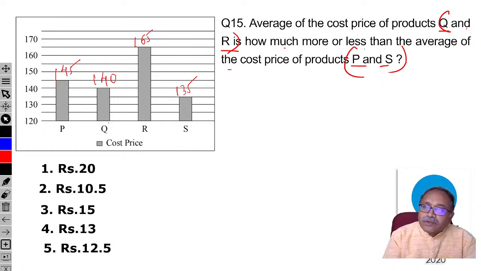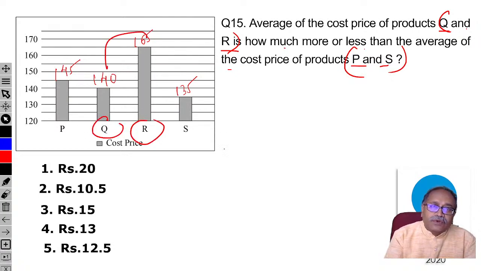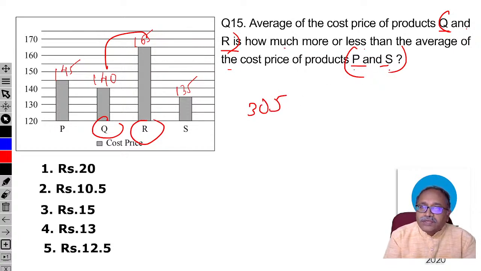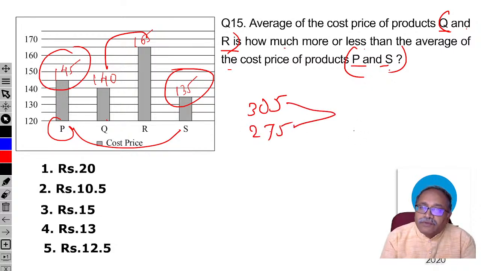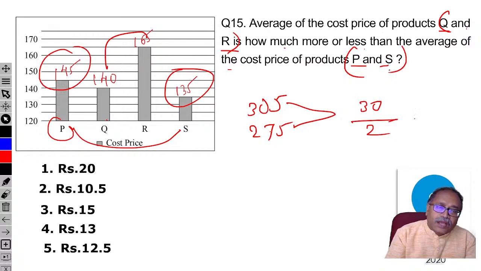The sum of this will give you 305. And P and S, the sum gives us 275. Take the difference and find the average of that. The difference is 30. Divide by 2, you are getting 15 as your answer.